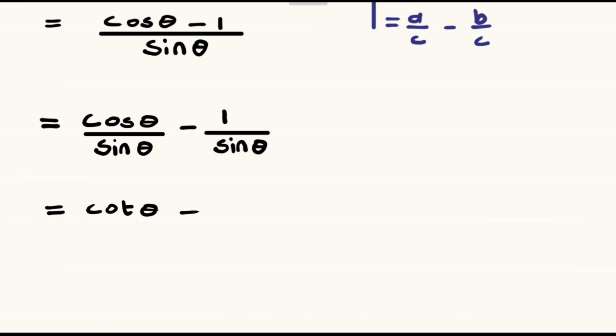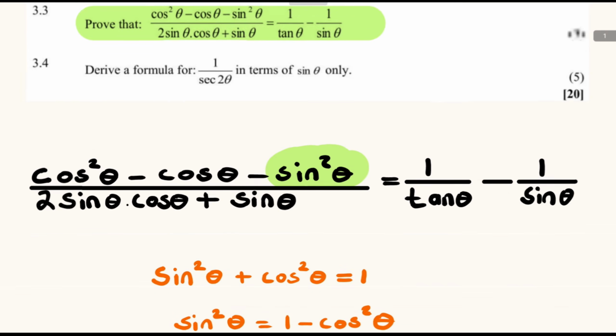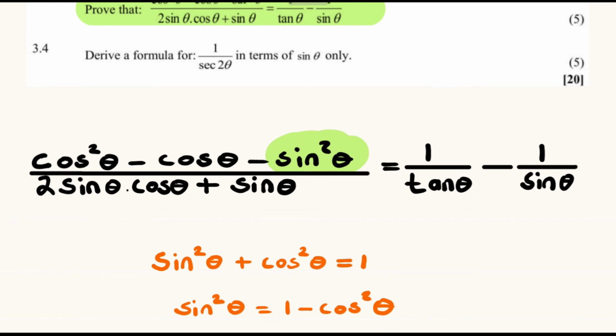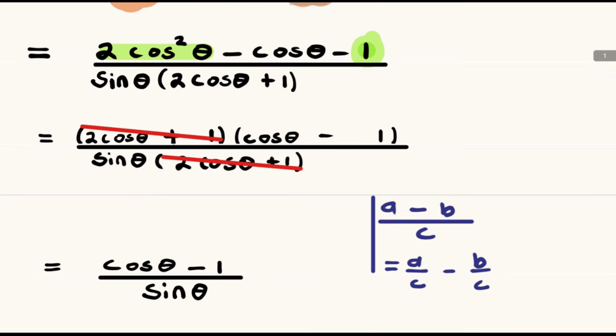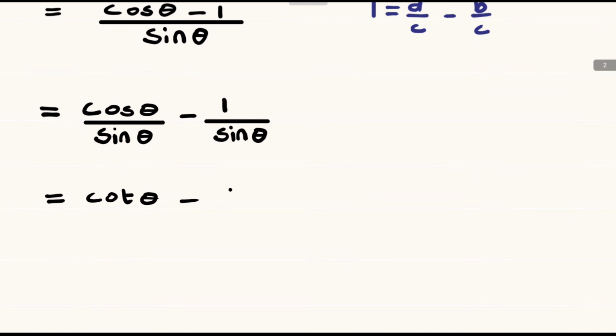So let's check what we were proving first. So we were proving 1 over tan theta minus 1 over sin theta. So we leave the 1 over sin theta. So we know that 1 divided by tan theta is equal to cot theta.